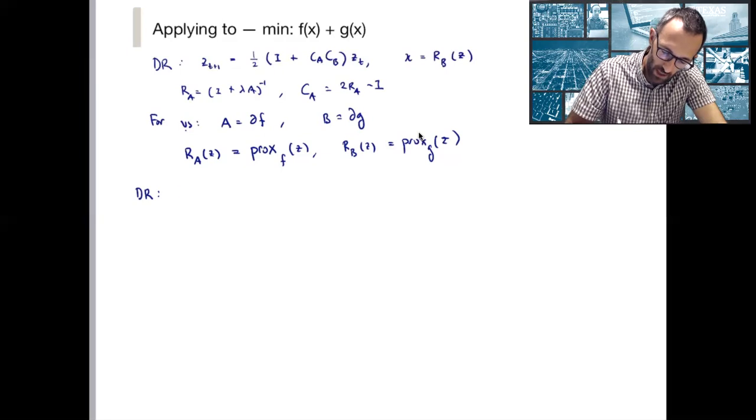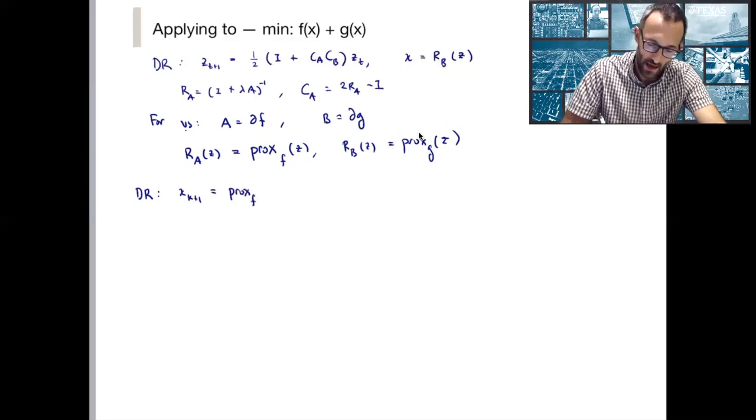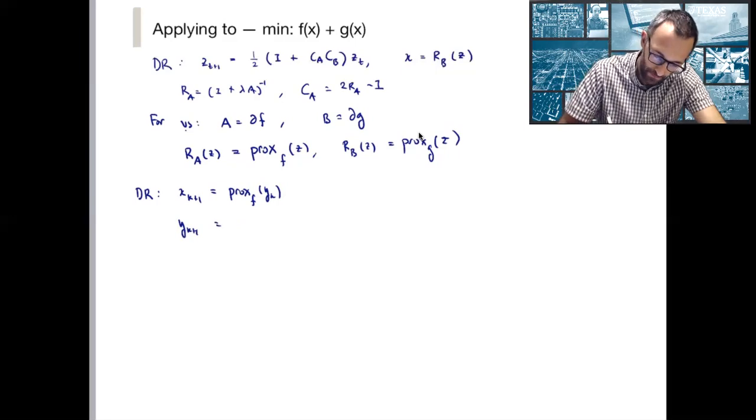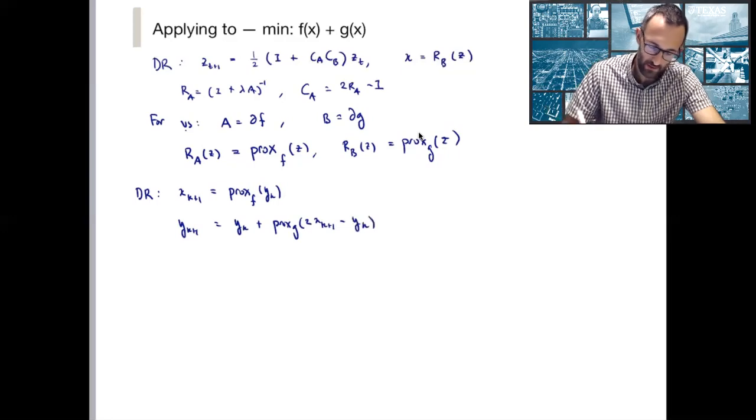But one way that it's written is the iteration x_{k+1} is equal to prox with respect to f of y_k, and y_{k+1} is equal to y_k plus prox with respect to g of 2 x_{k+1} minus y_k, minus x_{k+1}.